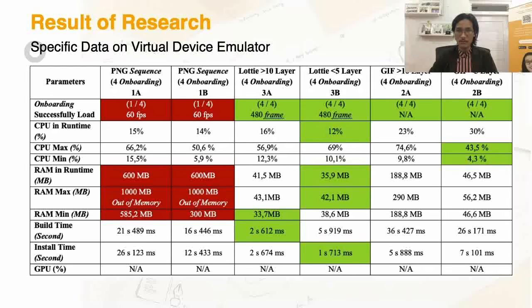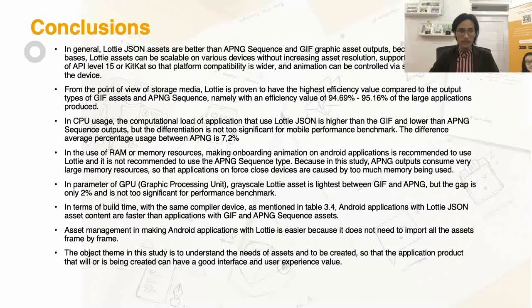We choose a Nexus with 2 GB of RAM, and Lottie is the most powerful asset between APNG and GIF.